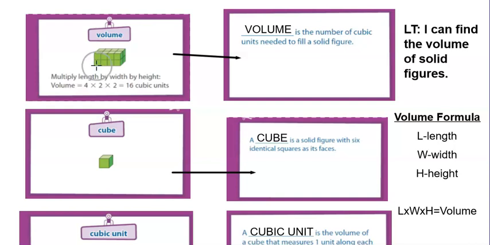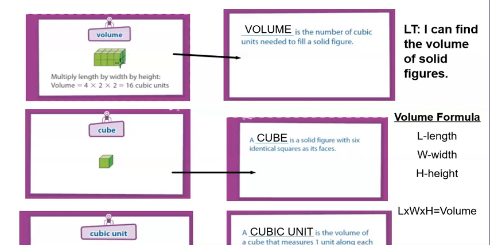If you take a look up at this very first vocabulary card, you'll notice that you see these little cubes, and these are really important. The volume is when you multiply the length times the width times the height. Right here it says 4 times 2 times 2. The length is 4 because there are 4 cubes across.